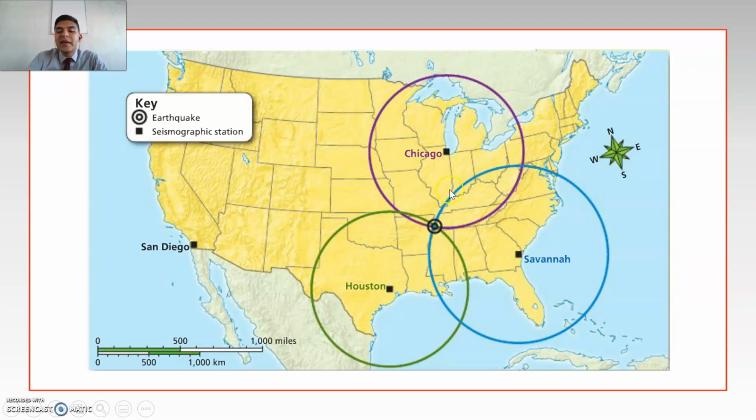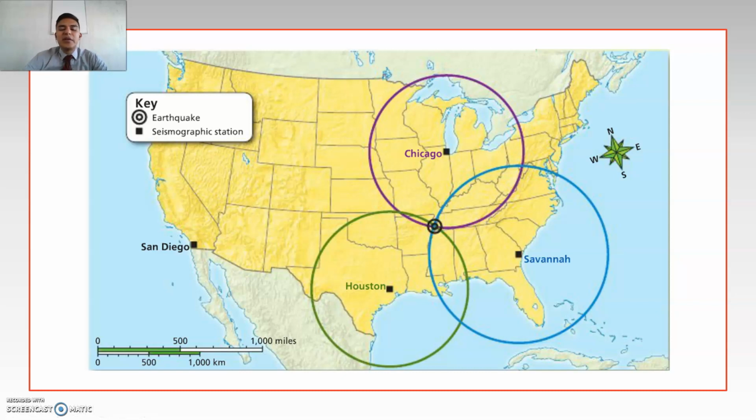So if the 3 seismograph stations do exactly the same, they represent the information that they got from the earthquake waves, and they draw a circle with the possible location where it could be. At the end, you are going to find what we know as the intersecting point. So, of course, you can notice that right here, it will be where the earthquake happened.